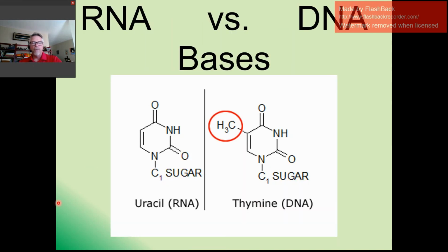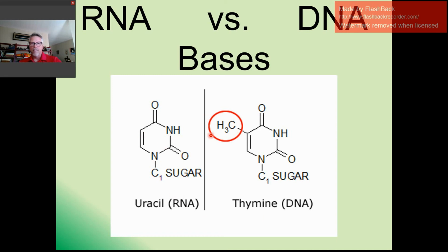All right. Another difference between RNA and DNA is actually not another difference. The same difference, the one that we're talking about, is the difference between thymine and uracil. Thymine you find in DNA, uracil you find in RNA. If you look at these two structures, you see they're very much alike.